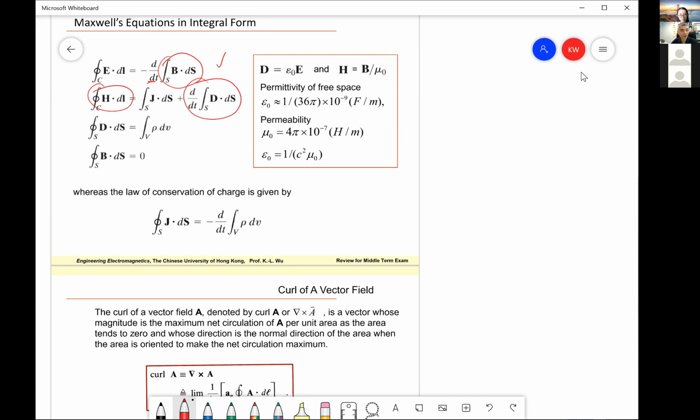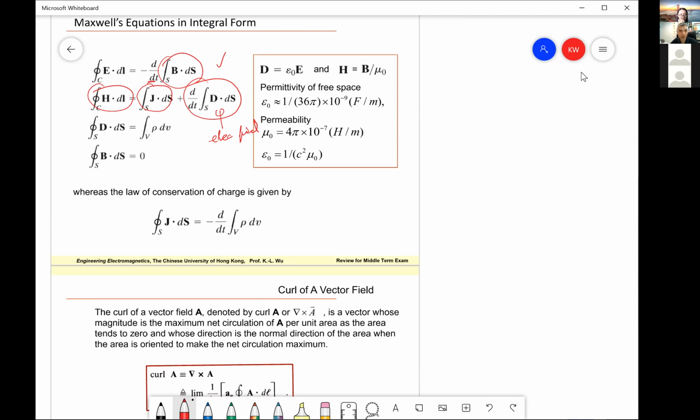creates a magnetic field. That means the magnetic field has two sources. One is the time varying electrical field, and the second source is the current. This current you applied can be DC, a time invariant current, or a time varying current.